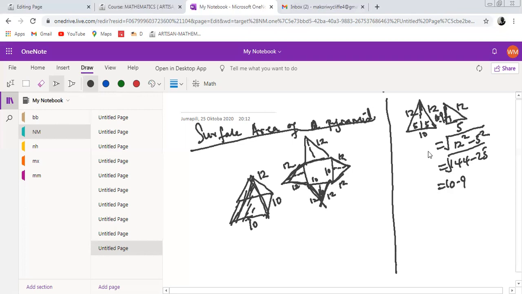Now you can get the area of that particular triangle, and the area is a half times the base, which is 10, times the height, which is 10.9. So this is the same as 5 times 10.9, which is 54.54. Then you multiply by 4 because we have got 4 triangles.